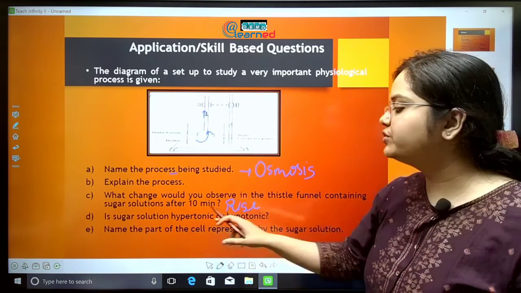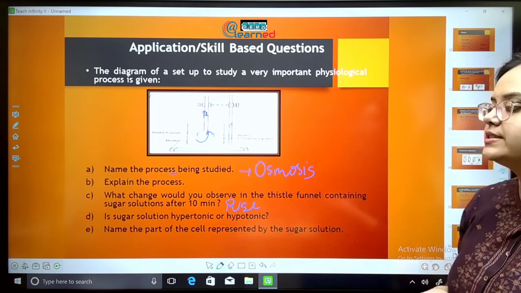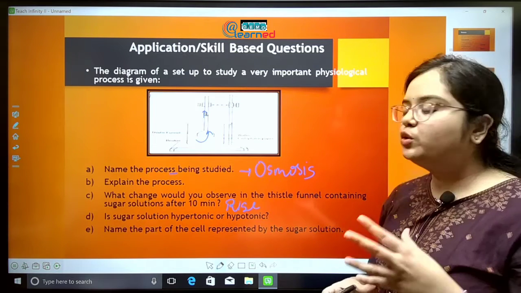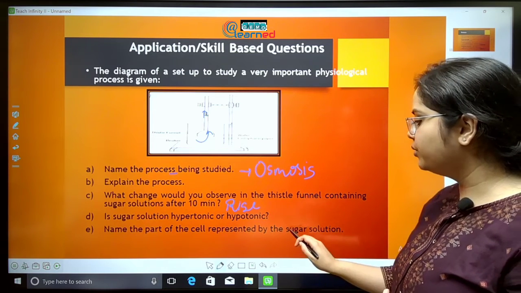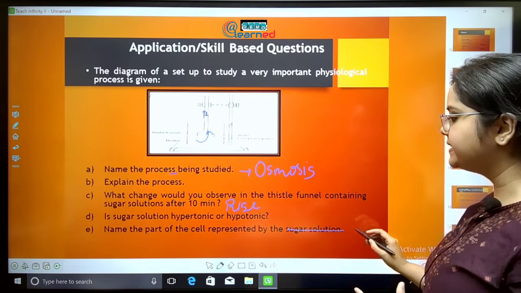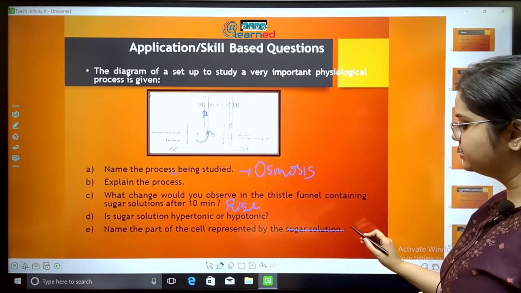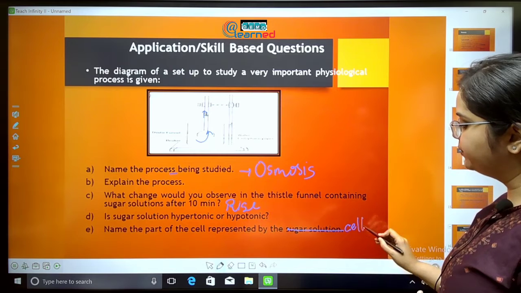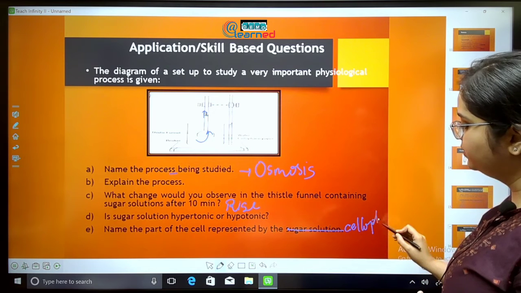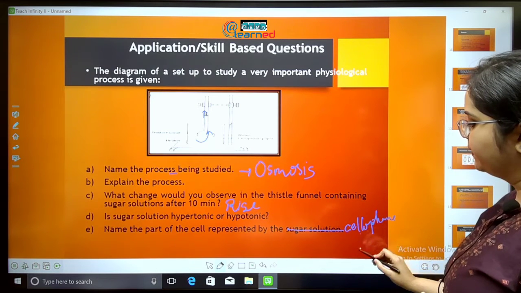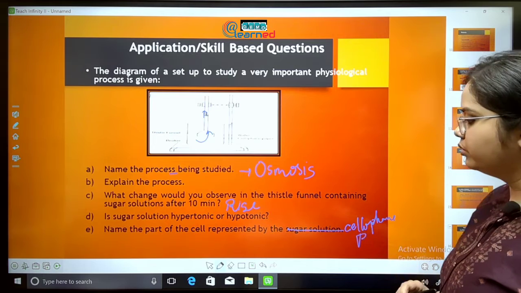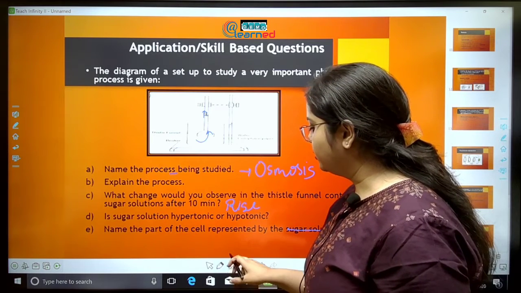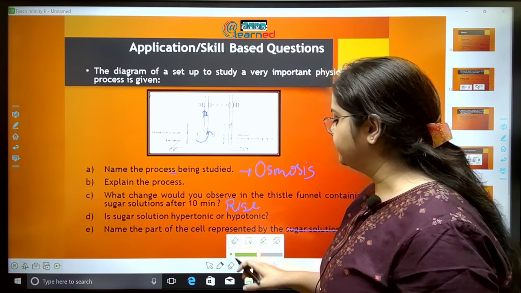Name the part of the cell represented by the sugar solution. So this won't be the sugar solution, this will be the cellophane paper which is present. This is the cellophane paper. The question is wrong. Oh no, wait a second. No, this will be sugar solution only.